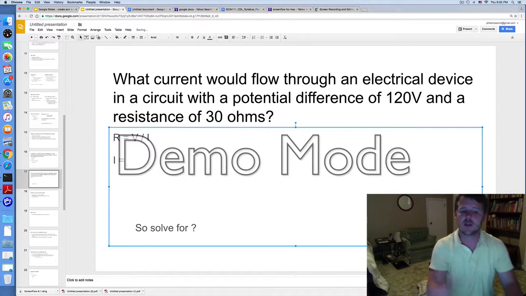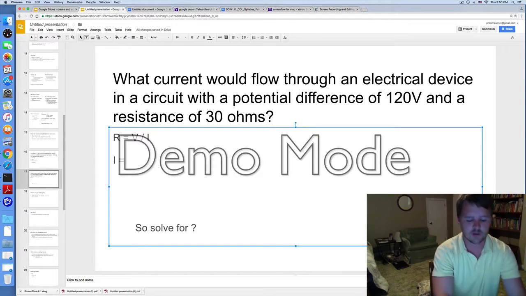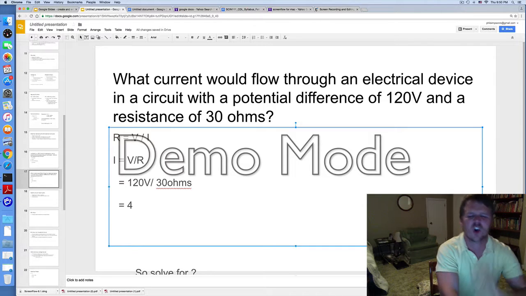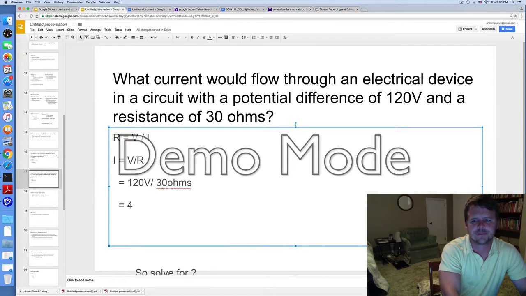On the right side, the I's would cancel. You get volt divided by R. And so then you would have 120 volts divided by the R, which is 30 ohms, which is 4. And what is I? I is current, which is in amps. 4 amps.